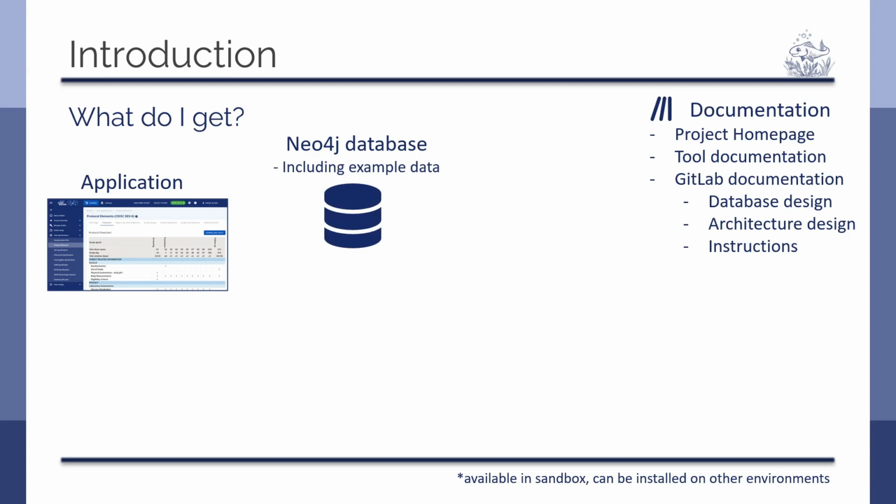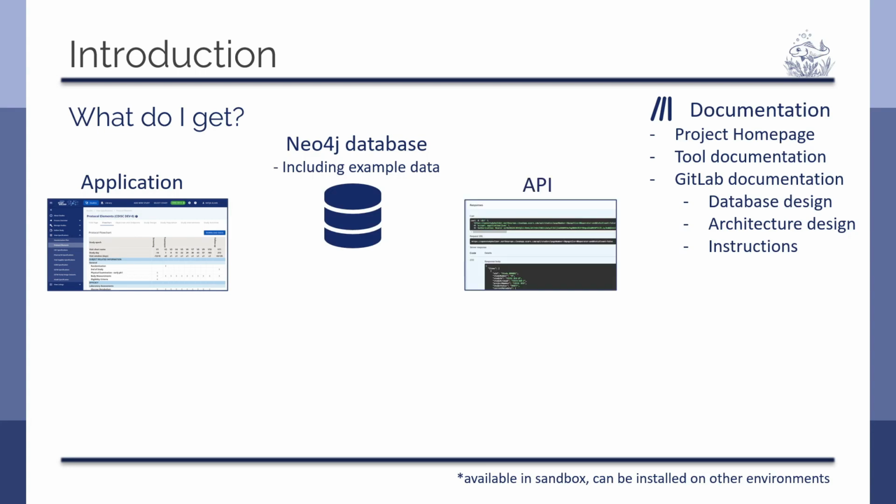What do you get? You get the application itself, which is a user interface. You get the database with a lot of example data, so you already can play around. There's a lot of documentation out there on the project homepage. The tool itself has a documentation, and you also have the GitLab documentation, which even contains database design, architecture design, instructions, and so on.